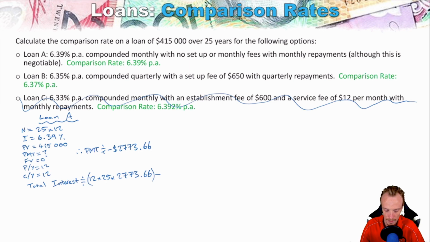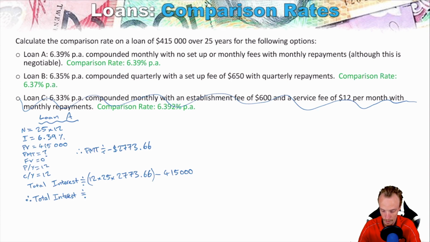Subtract, once again, you don't need the brackets, but that's just my habit. Subtract away the original loan, so that's $415,000. Okay, so now that we're doing that, we can see that the total interest is going to be approximately equal to, hang on, let's just use the other calculator since it's already on the screen. 12 by 25 by 2,773.66.